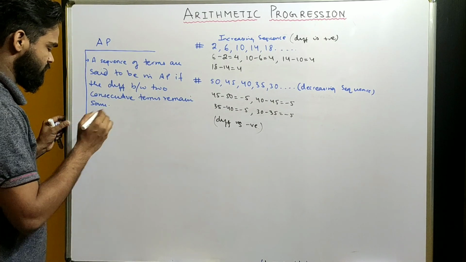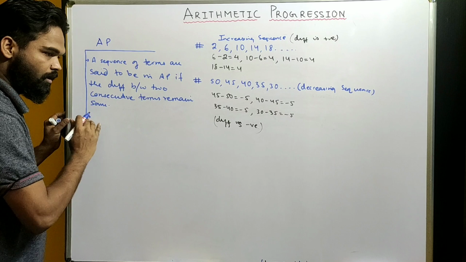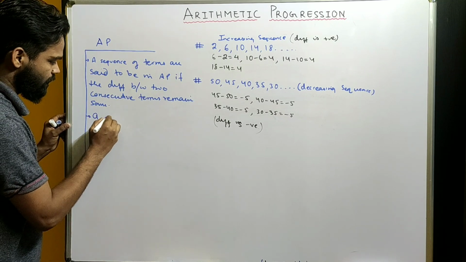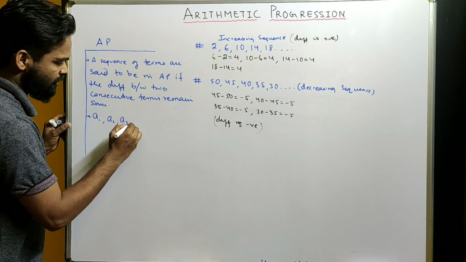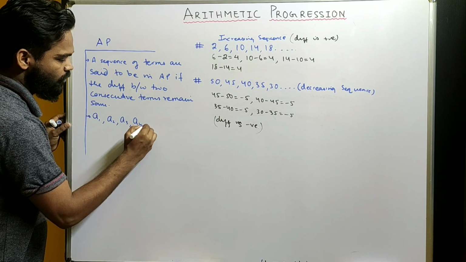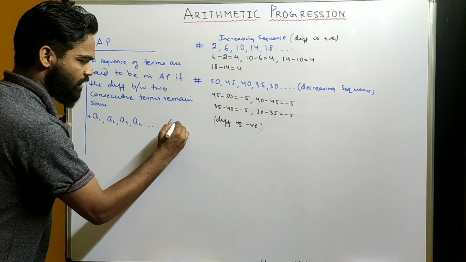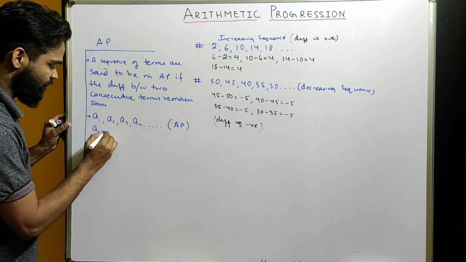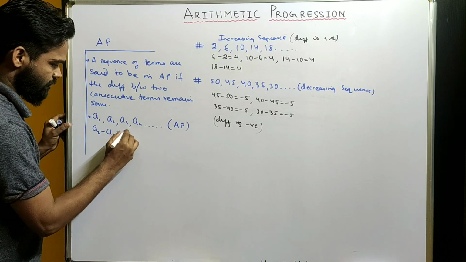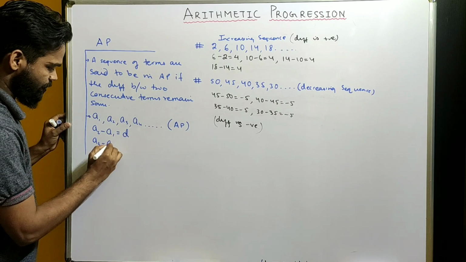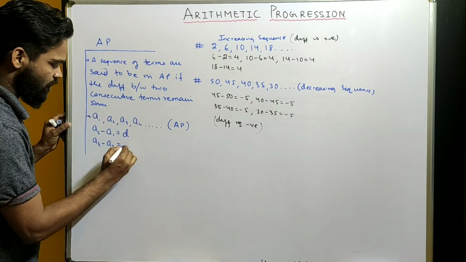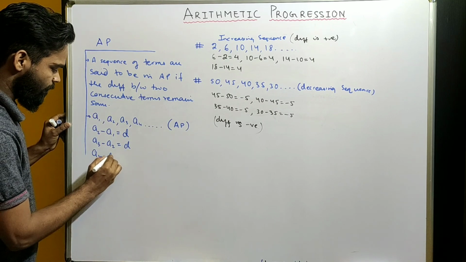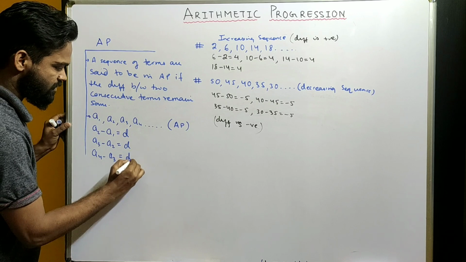Now look at this, which means suppose I take a sequence A1, A2, A3, A4, and so on, and I tell that they are in AP. Then what do I mean? That the difference remains same, which means A2 minus A1 or A3 minus A2 or A4 minus A3 remains same.